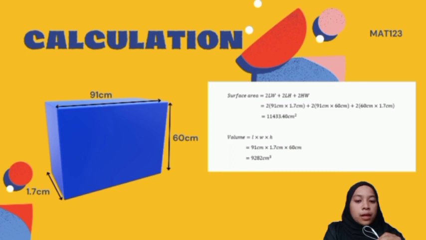The surface area equals 11,433.40 cm square. Then we can get the volume by multiplying the whiteboard's length, width and height. The volume of this whiteboard is 9,282 cm cube.